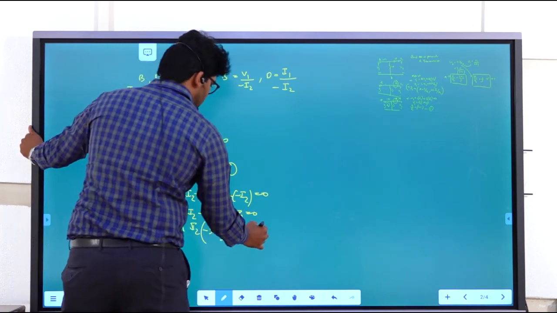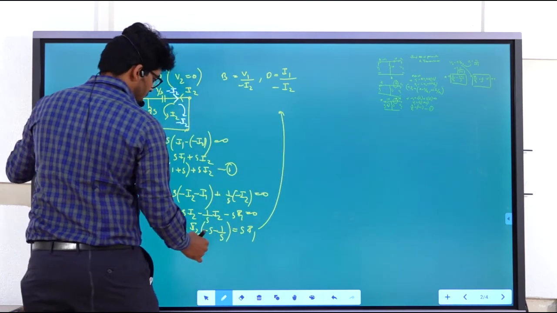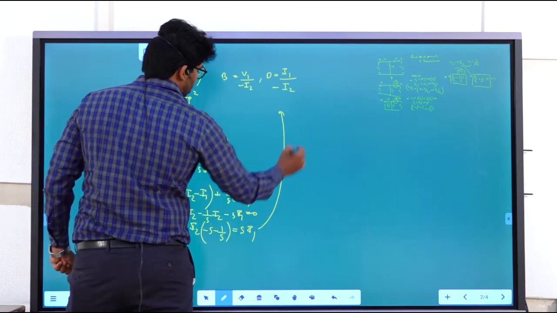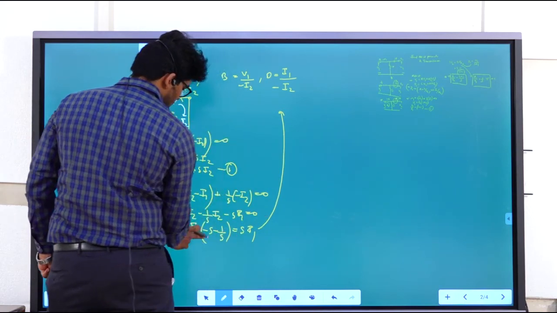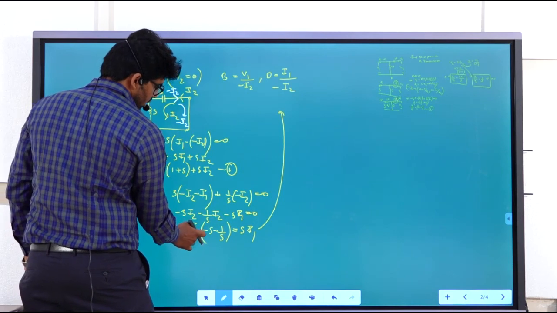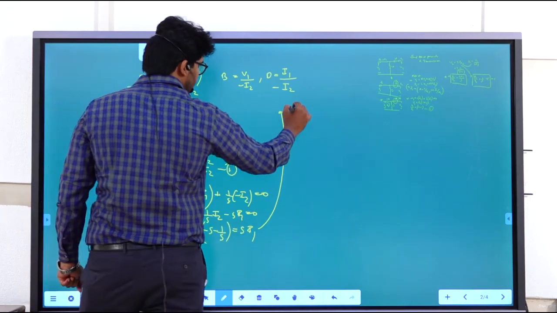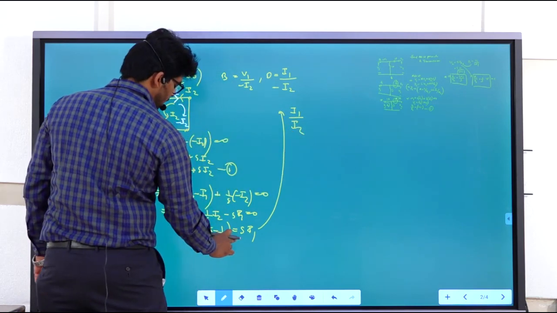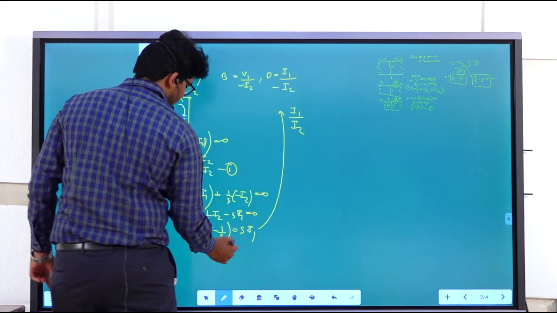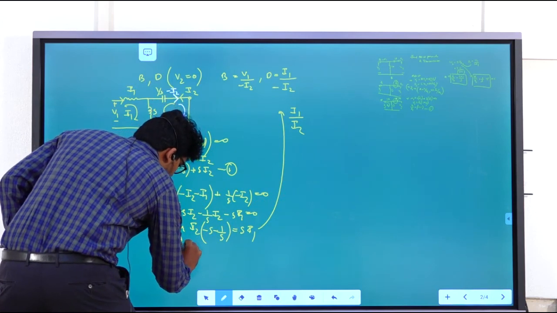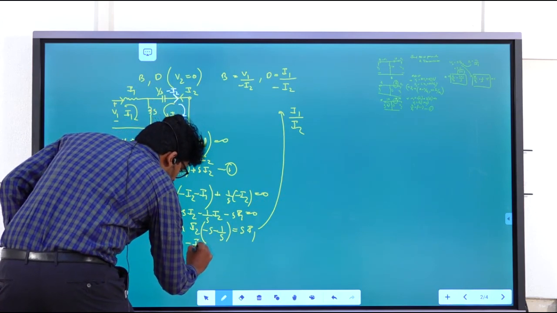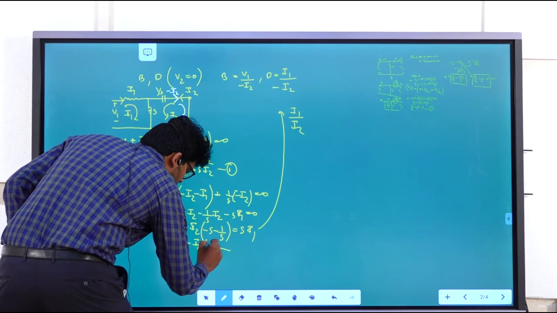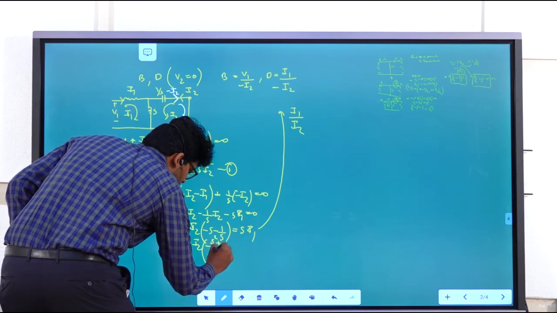So from this equation, we take minus common here, so I1 minus I2 equal to, again I'll solve here only, we take minus common and S as LCM, you'll get S square plus 1.